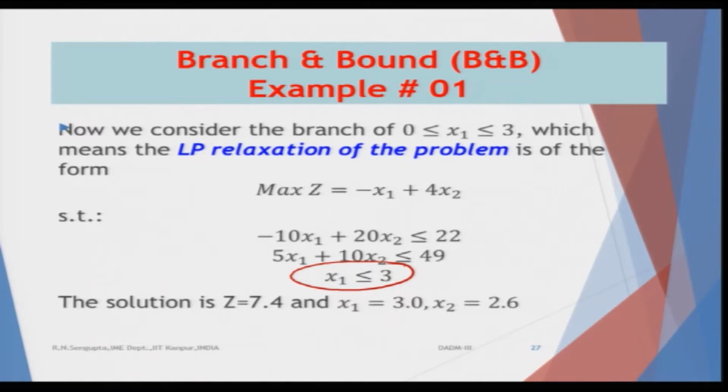So, we will just pause here, in the sense x1 is 3, which is fine, as per the norm it is an integer, we are happy, but are we happy with x2? x2 is 2.6. So, again technically we should branch and find out x2 for values greater than equal to 3 and x2 for values less than equal to 2.